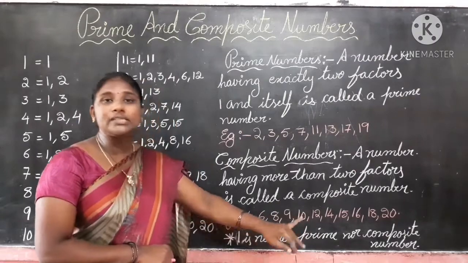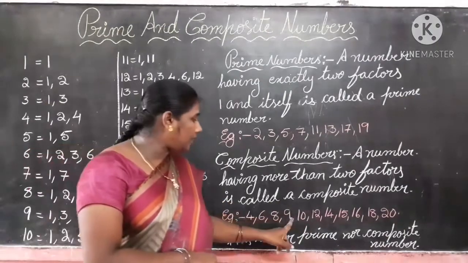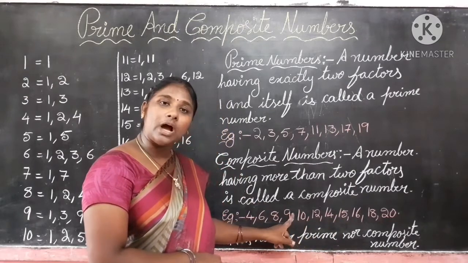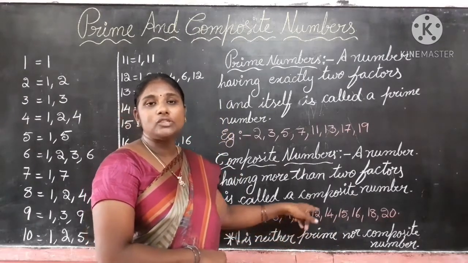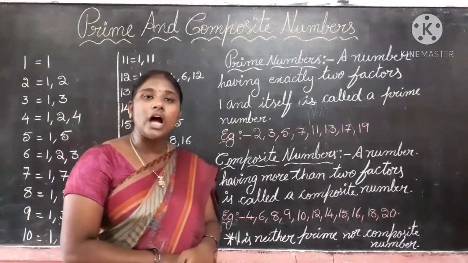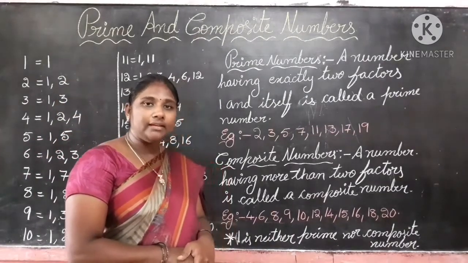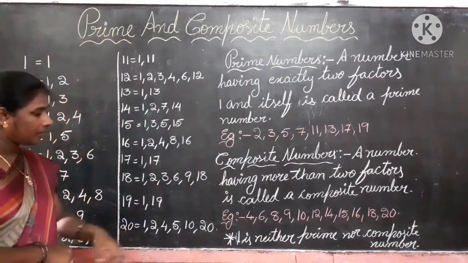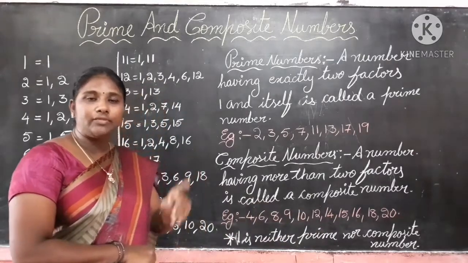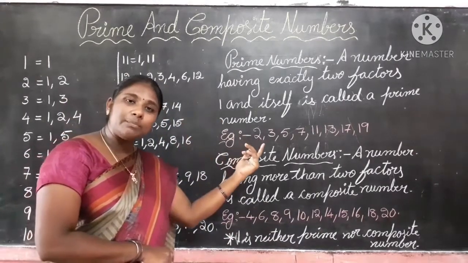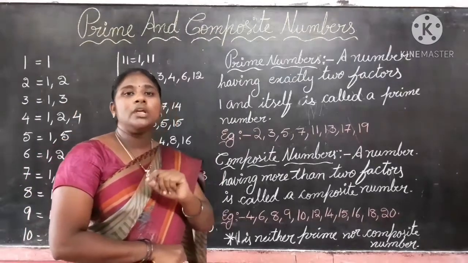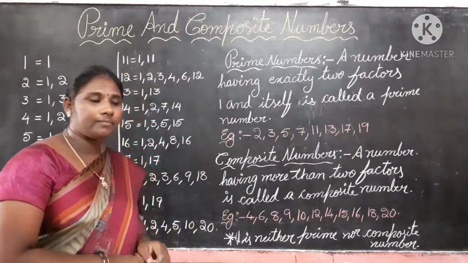Here 9 and 15 are odd composite numbers, and the smallest of these two is 9. 1 is neither a prime number nor a composite number.